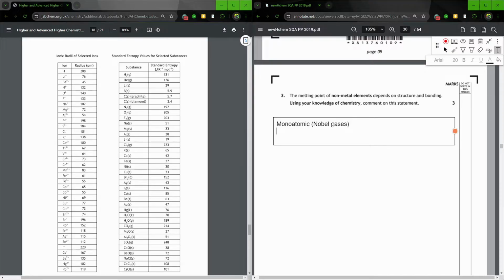And then for other ones, we've also got discrete covalent. So that was stuff like diatomic elements, mostly diatomic with a few exceptions. And then we've also got ionic, or non-metal elements, sugar.